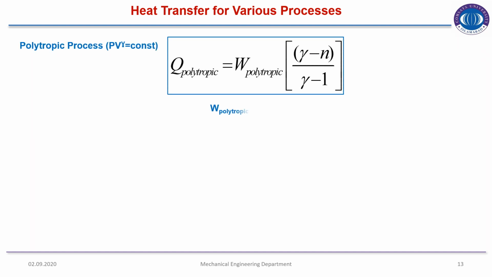What this expression suggests is that work done for polytropic process is always greater than heat supplied in the polytropic process. This is also a very important statement.